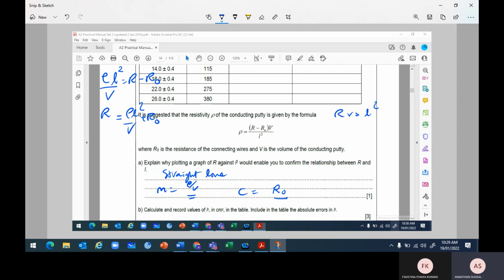So we need to arrange it in such a way that Y is your R, X is your L squared, in the format y equals mx plus c. So whatever is beside the L squared will be representing the gradient. So m is equal to rho over V, and your y-intercept is R naught. This is standard every time.